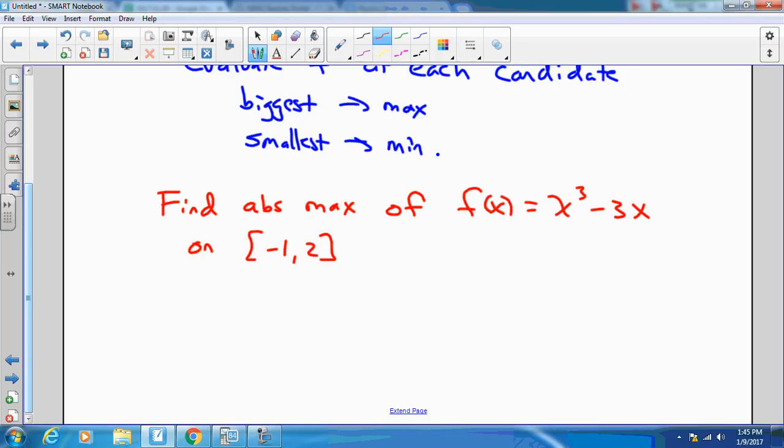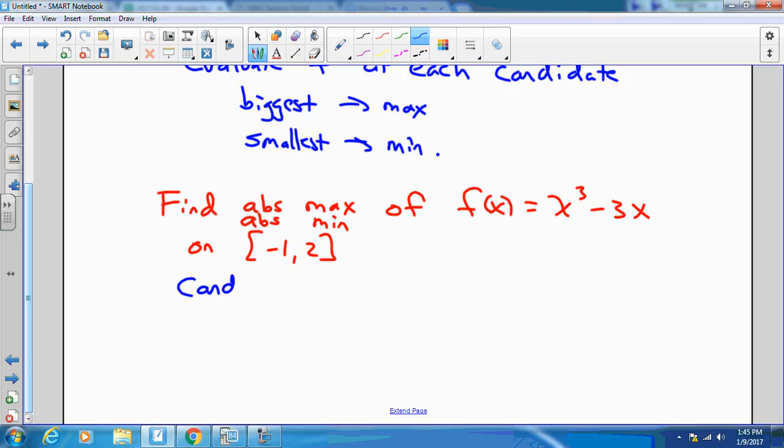And you know what? Since we're doing this, let's find the absolute min at the same time. Let's make this a tuple, so we get a complete range here.